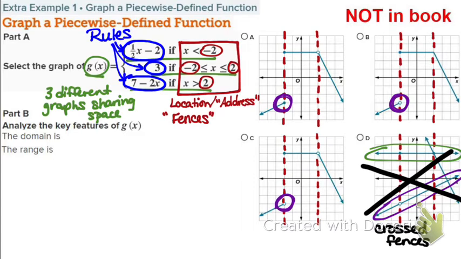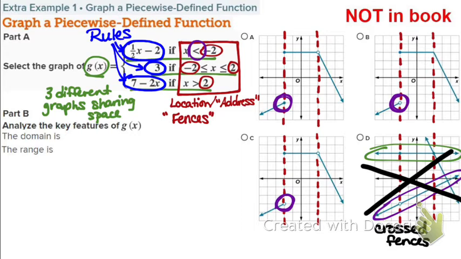X stands for like what part of the x-axis, where is his yard? I want the part of the x-axis that is left of -2. So I'm looking at this guy right here as I look at this dot. Look at this inequality. Does this have an or equal to with it?